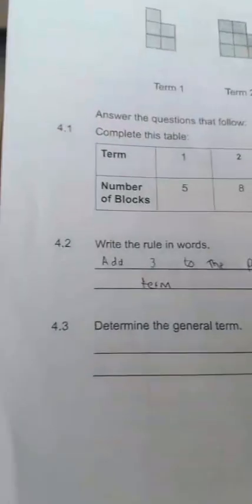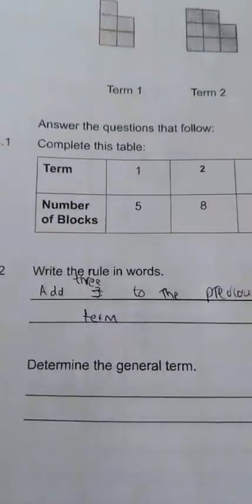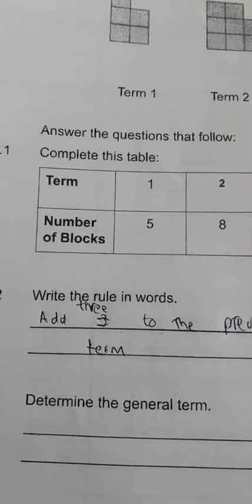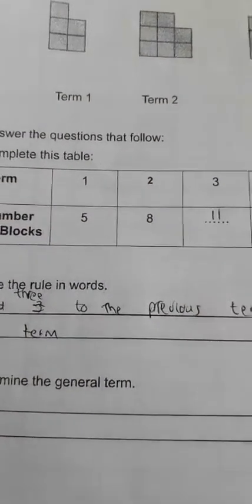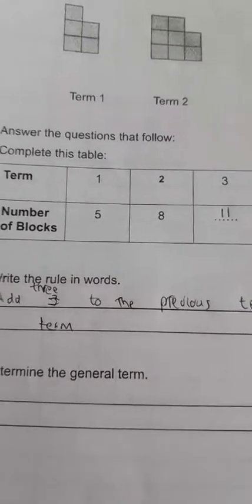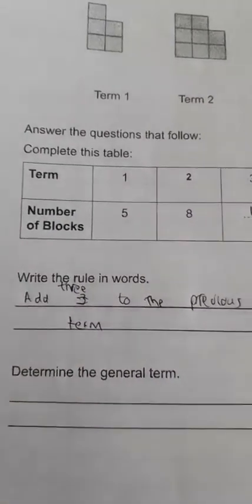Okay, add 3. And if you want, you can just say add 3. I know some people are like, you wrote the 3 as a number, why don't you write the rule in words? So there we have it, guys. Add 3 to the previous term to get the next term. Or you can just say you add 3 to each term. That's fine as well, to get the next term. But if you said add 3 as a number, that's fine, doesn't really matter.